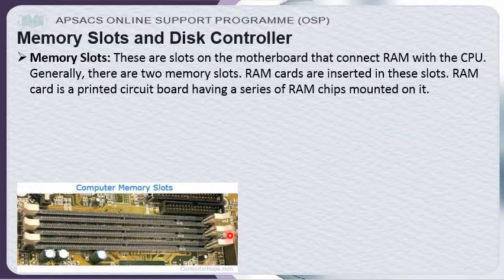RAM cards are inserted in these slots. A RAM card is a printed circuit board having a series of RAM chips mounted on it. So you can utilize one slot for 4 GB, another slot for 4 GB, or 2 GB slots you can utilize. So it depends upon your motherboard.